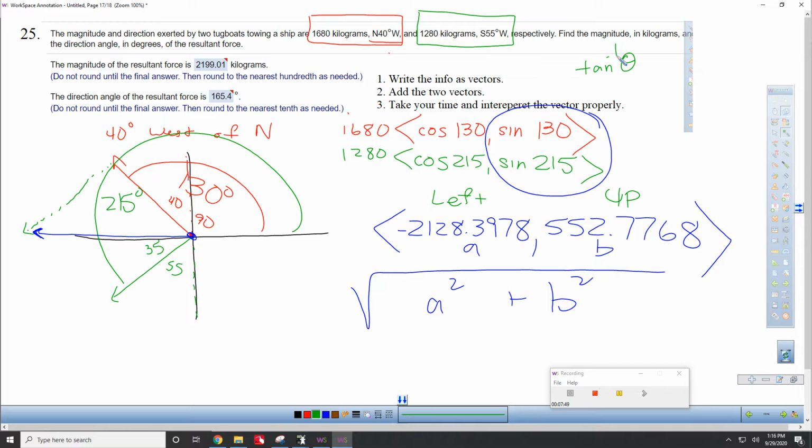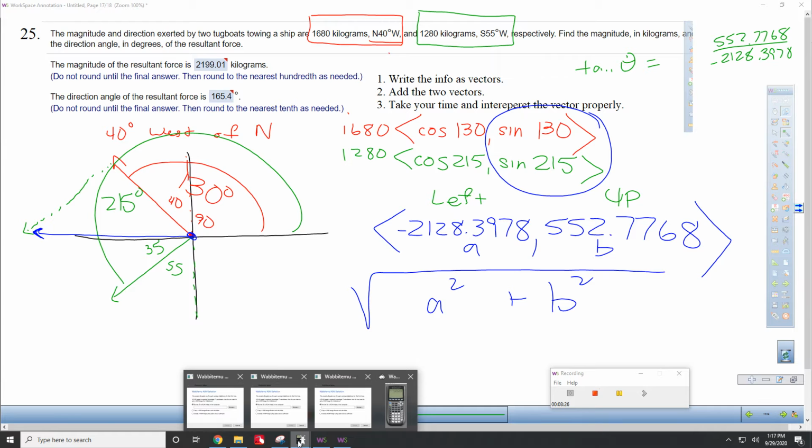Tangent of theta is opposite, 552.7768, divided by the adjacent, which is negative 2128.3978. So we're going to do the tangent inverse of both sides.